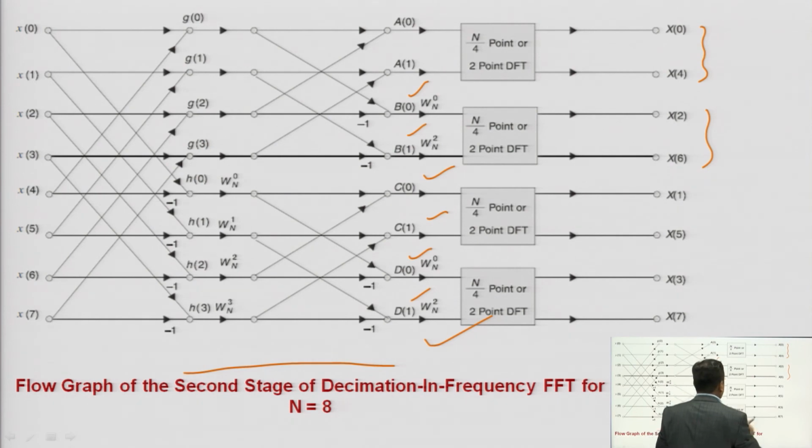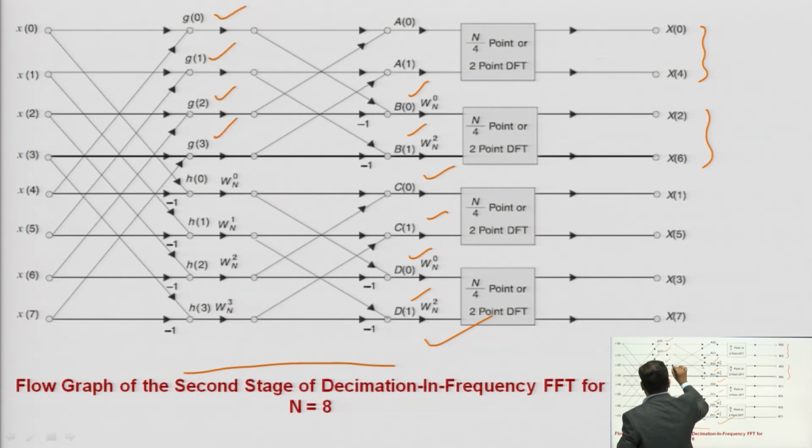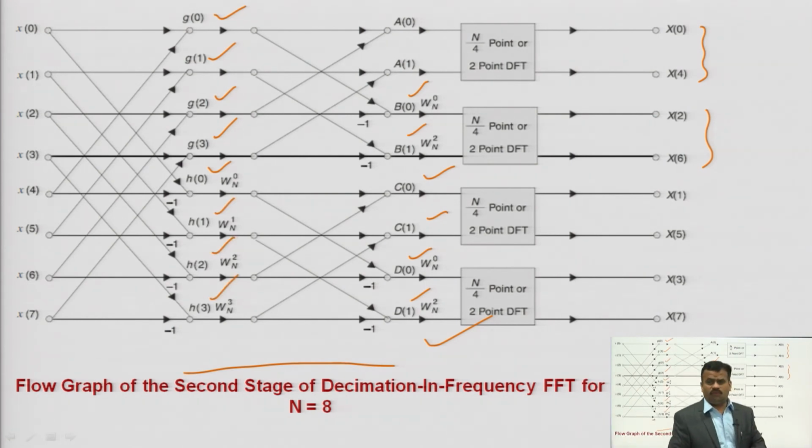So, in this way your second stage you are getting here. First stage, I hope it is clear to everybody, like g 0, g 1, g 2, g 3 and h 0, h 1, h 2, h 3 you are getting here.